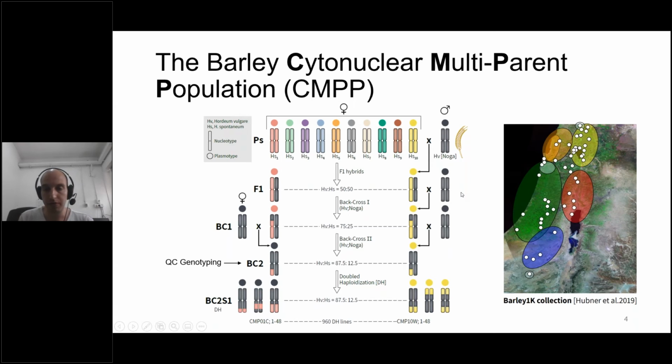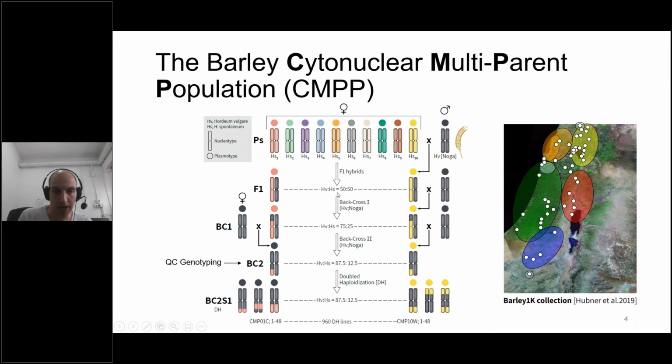donor. Very important to mention here, what I didn't mention before, is that contrarily to the nucleotype, the plasmotype is maternally derived, which means the inheritance goes through the mother plant of the cross.